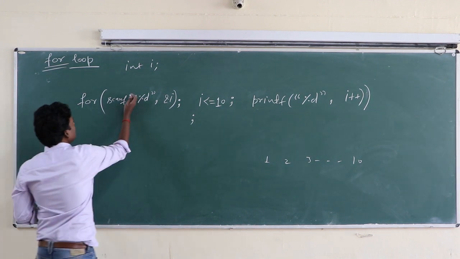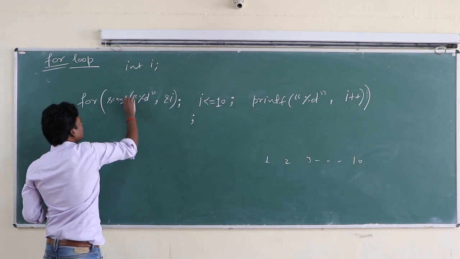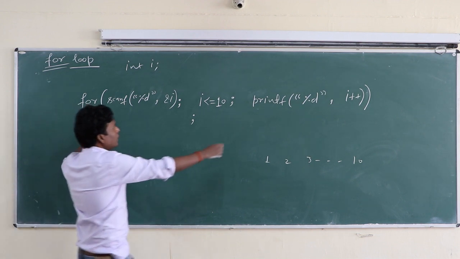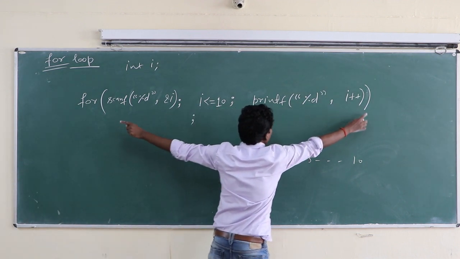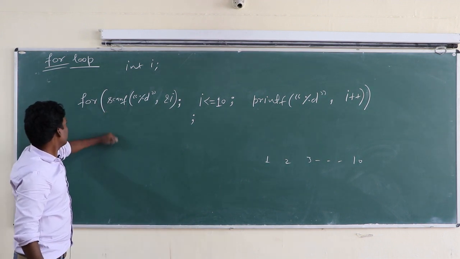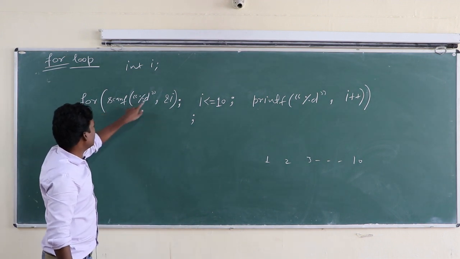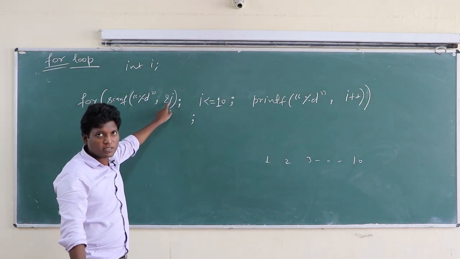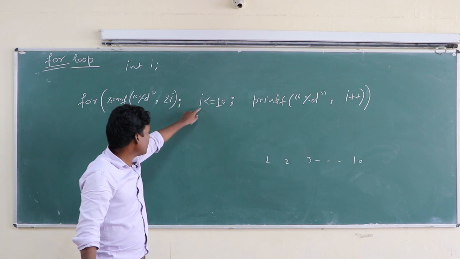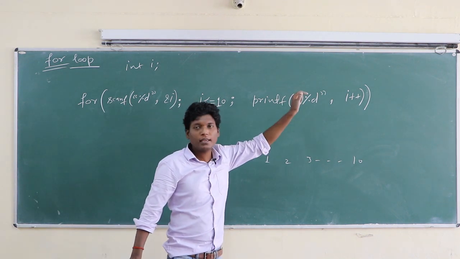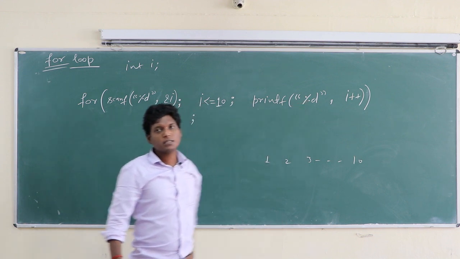Here the initialization is for scanf, the outer parenthesis is for the for. Here the user inputs i, which becomes the initialization, and here i will be tested, and here you can print that i, and at the end i plus plus.